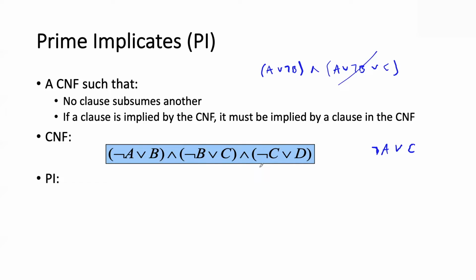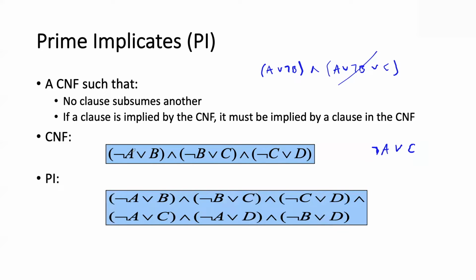That means you should be able to find one of these clauses that is a subset of this. So I don't need to look at the whole thing to check that this is implied; I just need to look at individual clauses, and that's not the case here. You can think of this second property as some kind of deductive closure. If you have these two properties, then this CNF satisfies the prime implicates property, and we will refer to it as a PI representation.